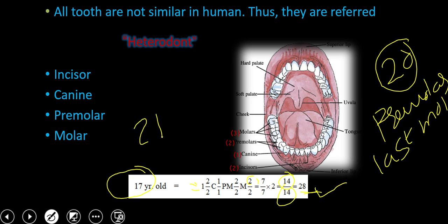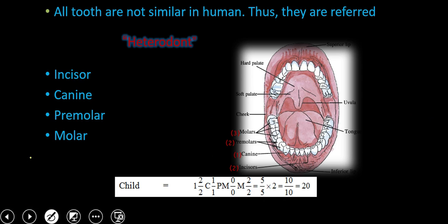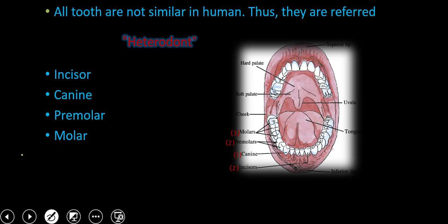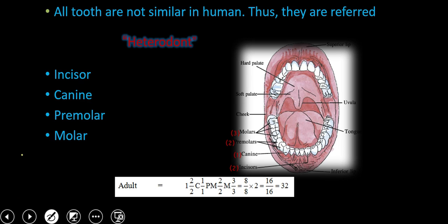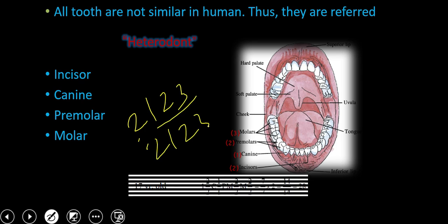In short, we mention it as 2122 by 2122. As we have already discussed, the dental formula of a child is 2102 by 2102, and the dental formula of an adult is 2123 by 2123. So these are the dental formulas at different ages.